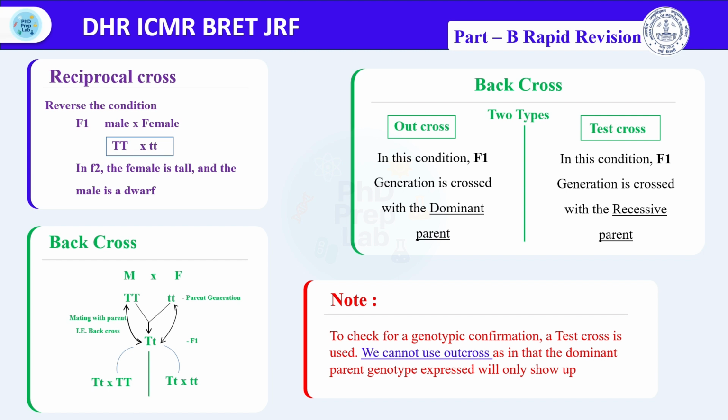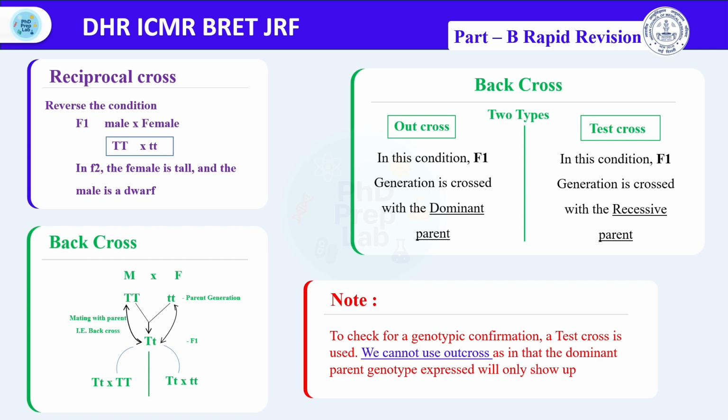Now you have another two types of crosses. In the broader sense, you have a back cross. In this back cross, you have two types of crosses: first is the out cross, and then you have the test cross.